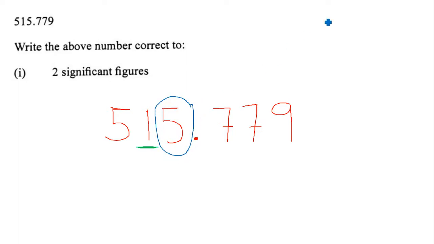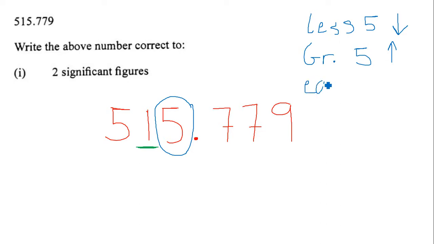If the number to the right of 1 is less than 5, we are going to round down. If it's greater than 5, we are going to round up by 1. And if this number is equal to 5, what do we do? Still round up, you still round up.